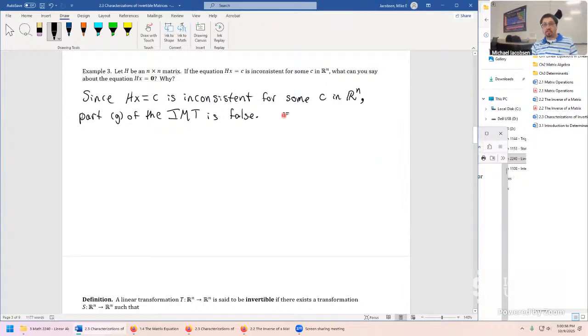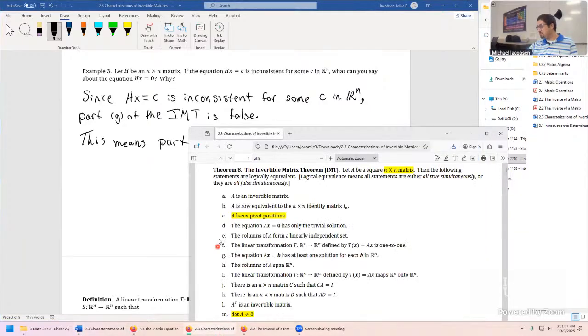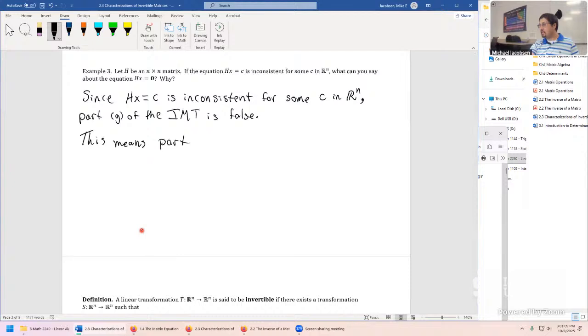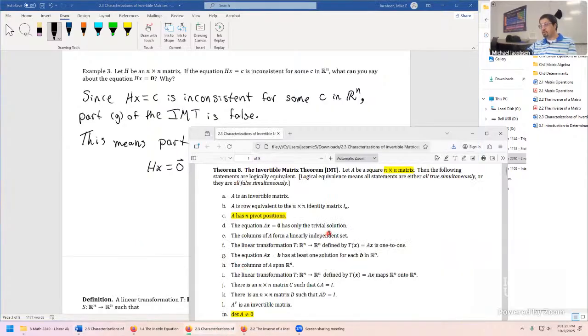So since part G is false, we can now say, or we might write, this means part D is false as well. And so Hx set to the 0 vector has, well, part D said only the trivial solution.